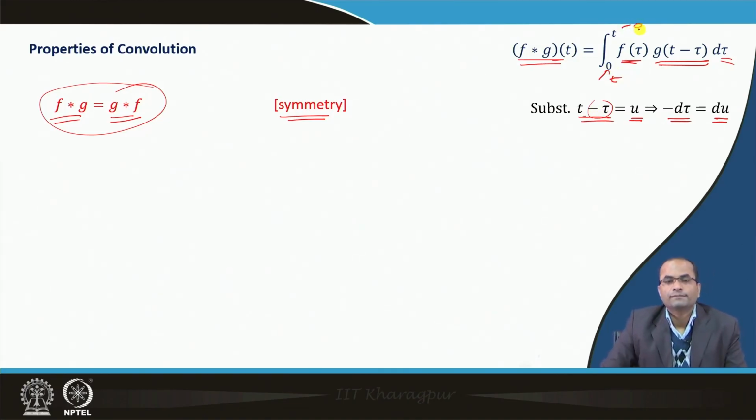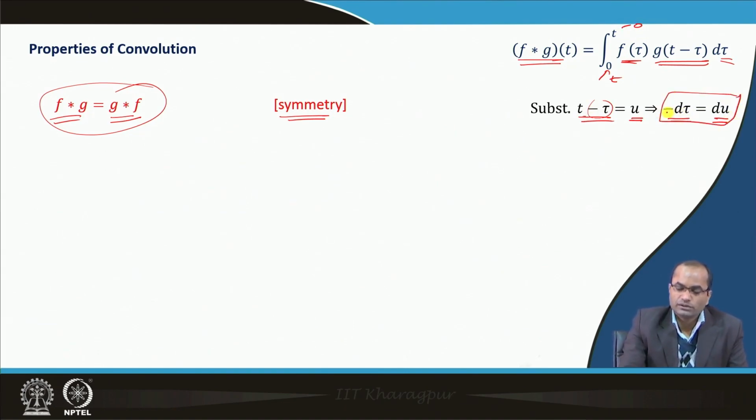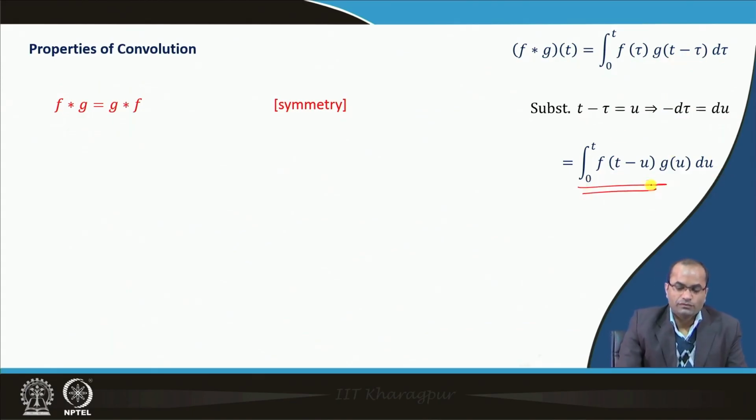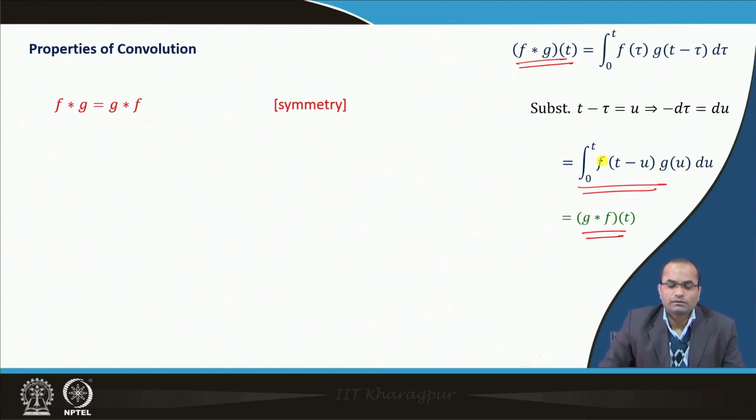So, we will have a limit t to 0, but since there is a sign, with du as minus d tau, that will be changed again from 0 to t. So, in the limit 0 to t, we have f of t minus u, and g of t minus tau, that is again u, du. So, this is the integral, f star g, and this is equal to g star f, considering this definition.